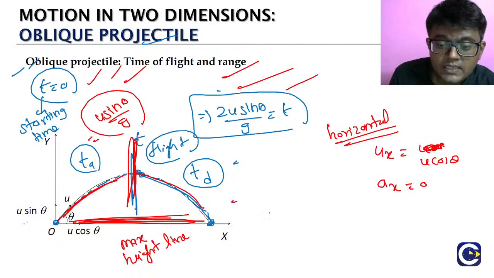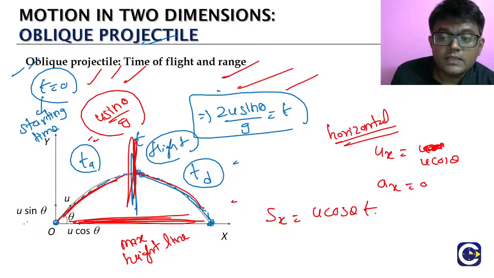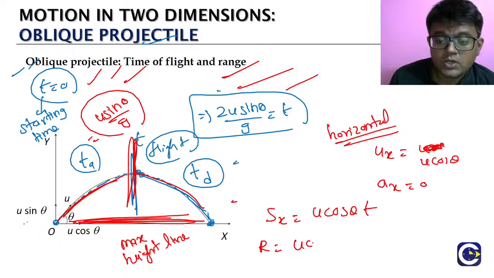So look, what is the sx formula? U cos theta into t. In place of t, what are we going to substitute? Time of flight. From that we get the range R. Look, range is equal to what? U cos theta into t, and in place of t what comes? 2u sin theta by g.